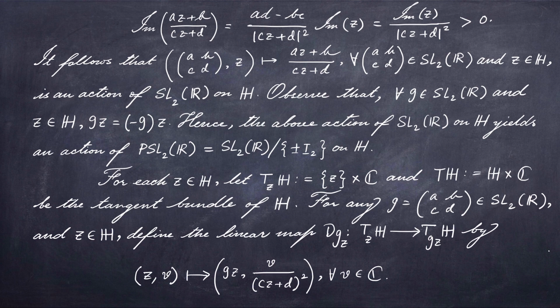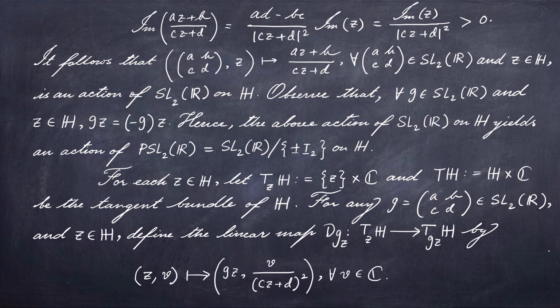Therefore, we immediately get an action of SL2(R) on the upper half plane H. This action we also call the action of SL2(R) on H by Mobius transformations.